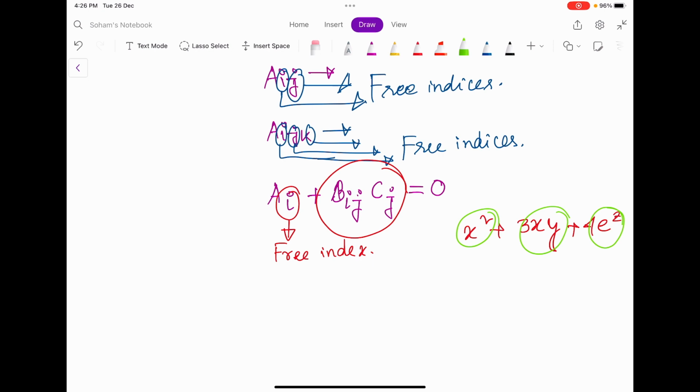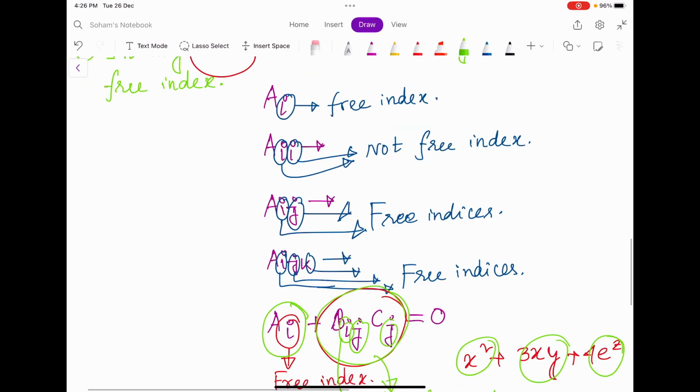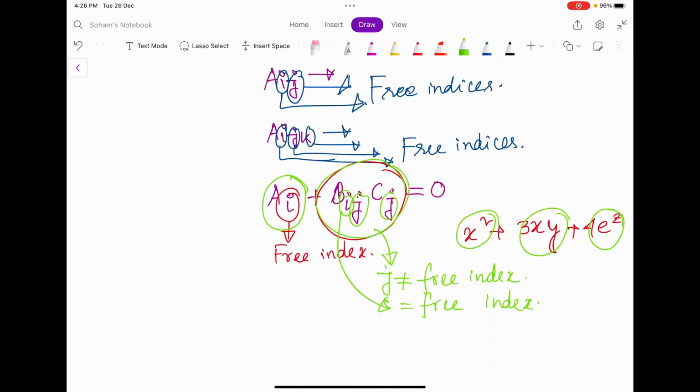So this is a term and this is a term. In this term, j is not a free index, but i is a free index.